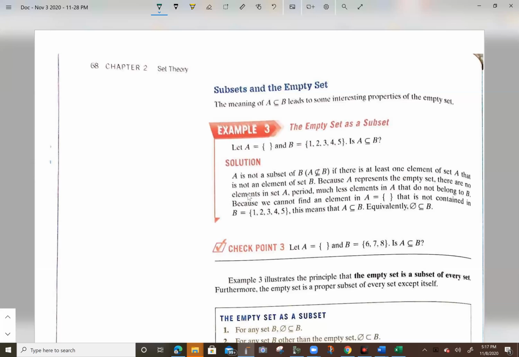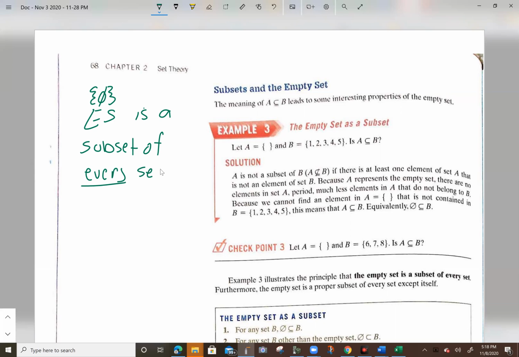So the property that you're learning about the empty set is that the empty set is a subset of every set. I should have written that, sorry, you guys.